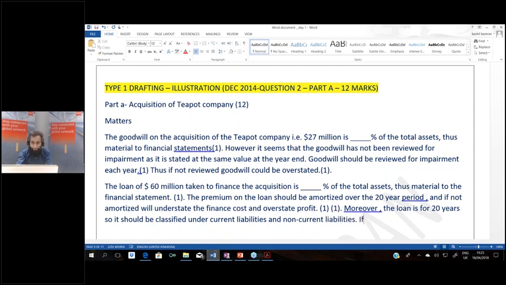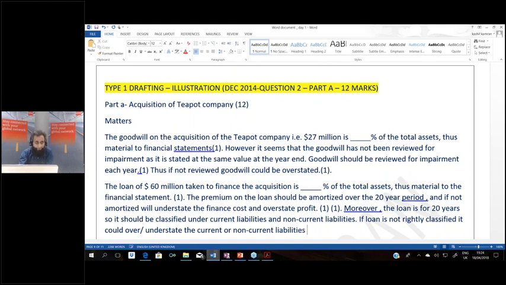If the loan is not rightly classified, it could over or understate the current or non-current liabilities.